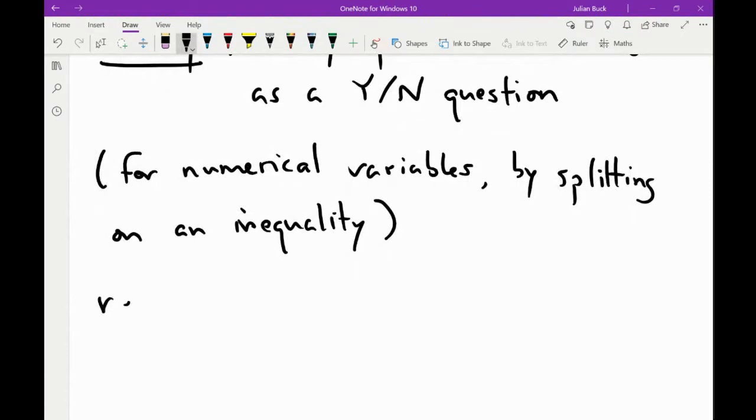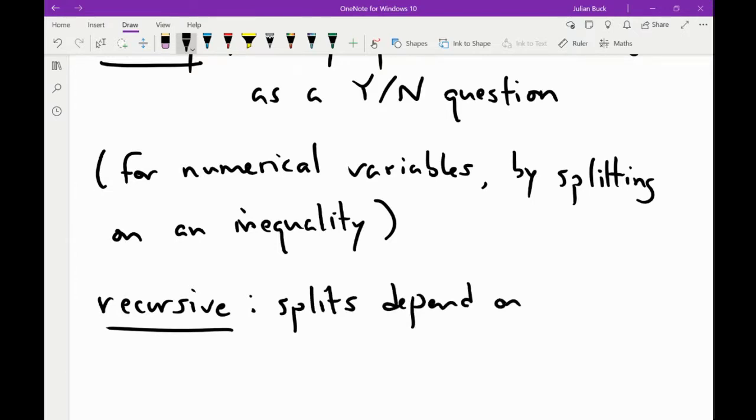Recursive refers to the fact that the splits depend on the previous ones. We actually saw that. I'm not going to bring the example picture up again, but you can open it if you've downloaded it from the Moodle page.